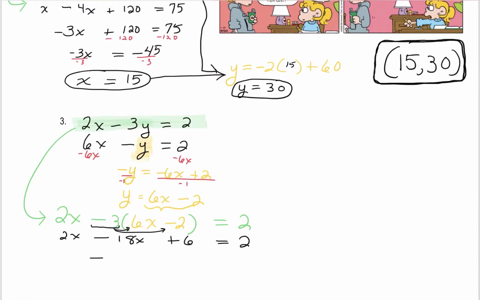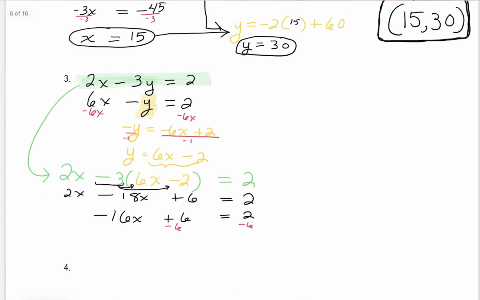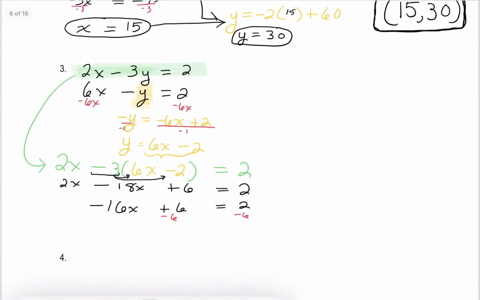Combining your like terms, you'd have 2 minus 18 would be a -16x plus 6 is still equal to the 2 on the right-hand side. With that variable term on the left, we'll go ahead and subtract to get our constants on the right. And so now we have -16x is equal to the 2 minus 6, which is -4.